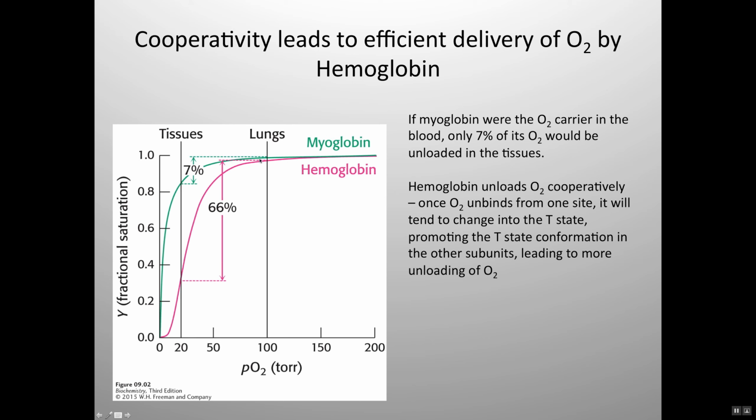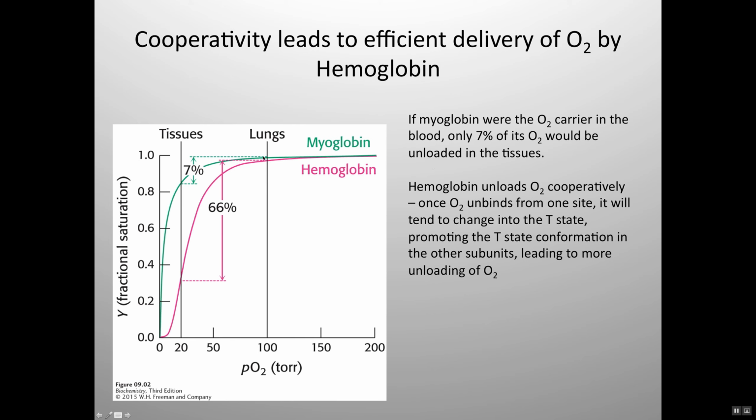Hemoglobin, in contrast, in the lungs is pretty much 100% saturated, so we have 1 as the fractional saturation, and then when hemoglobin goes to the 20 torr oxygen environment in the tissues, it loses 66% of its oxygen. So once oxyhemoglobin reaches the tissues, it unloads oxygen cooperatively.